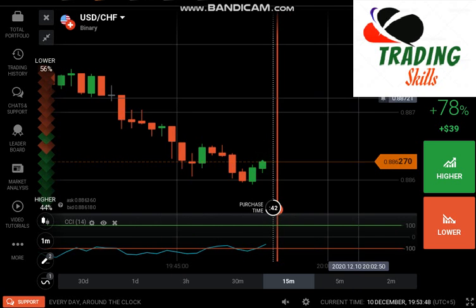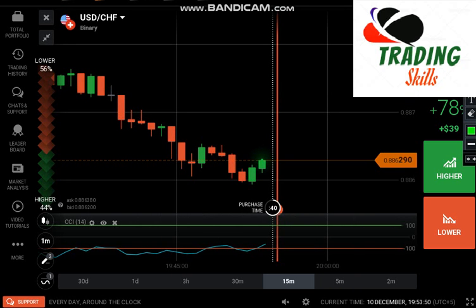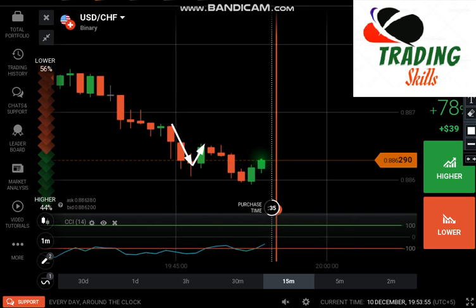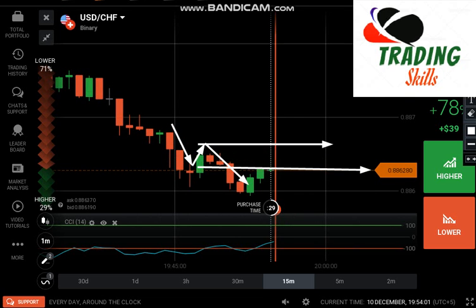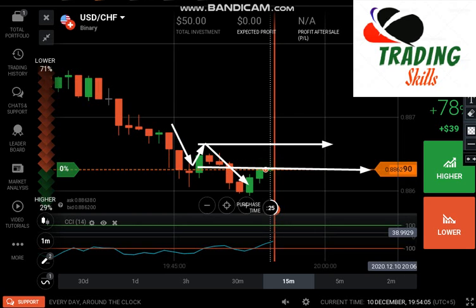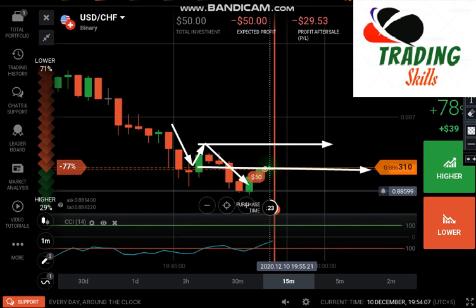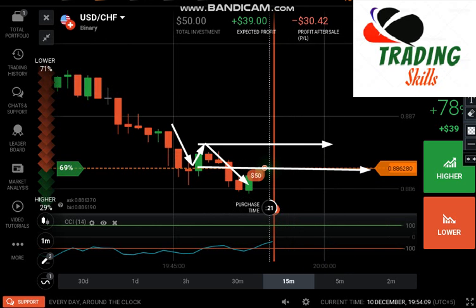Okay, so this is a very good pattern right now going on in the market: went down, went up, again down. So after this candle I can expect a seller's entry, and I took my trade in a down direction.